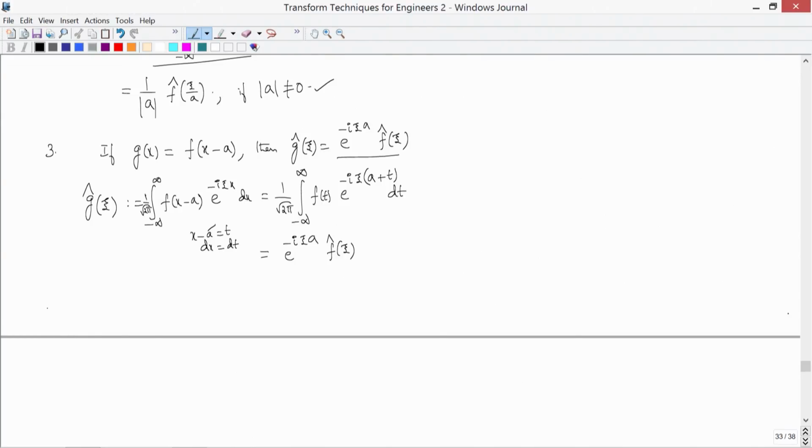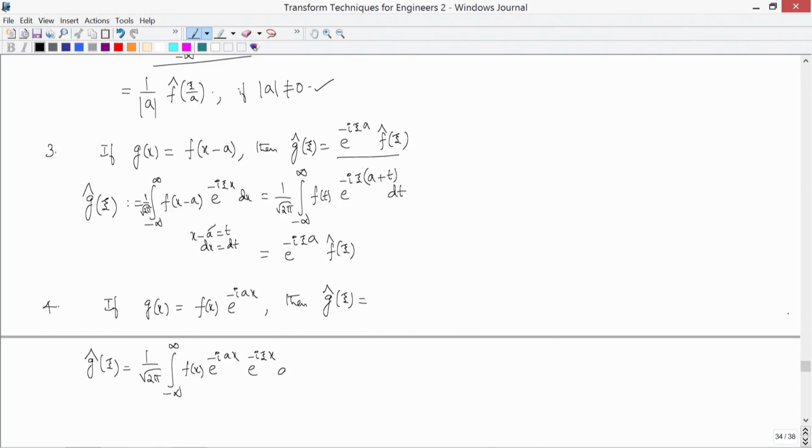Or, if you want to put it another way, if g of x is f of x into e power minus i a x, then what is g cap of xi? If you calculate, by definition the Fourier transform of g is the integral of f of x e power minus i a x e power minus i xi x dx.